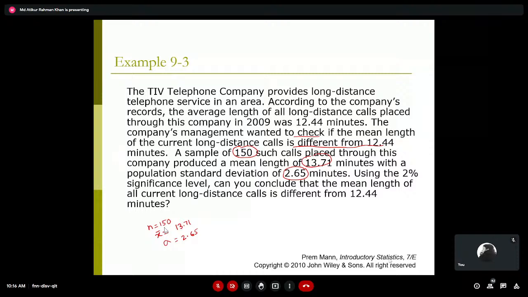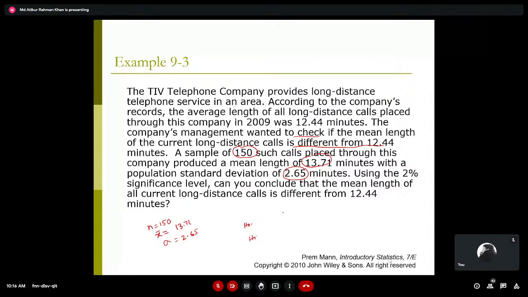Now, we need to define the null and alternative hypothesis. So, what shall we do? Here you can see it's asked to check, right? The company's management wanted to check if the mean length of the current long distance calls is different from. So which one should I write first, null or alternative? Different from, so not equal to, right? So that's the alternative one.